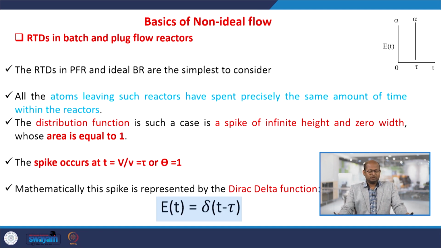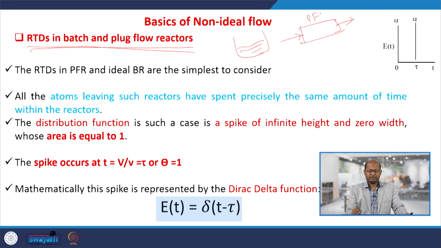Okay. So, now first we will start with the RTD for batch and plug flow reactors. Here this is a batch reactor and this is a perfect plug flow reactor, a PFR. In the batch reactor we usually conduct experiments: we take the reactor, put the reactant mixture inside, and let it run for 30 minutes or 20 minutes.